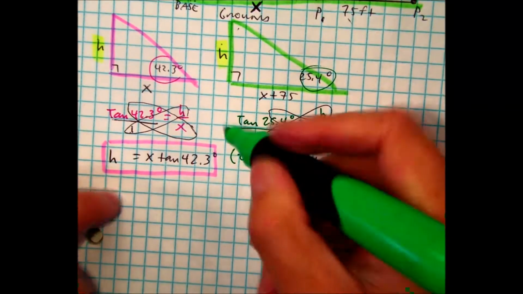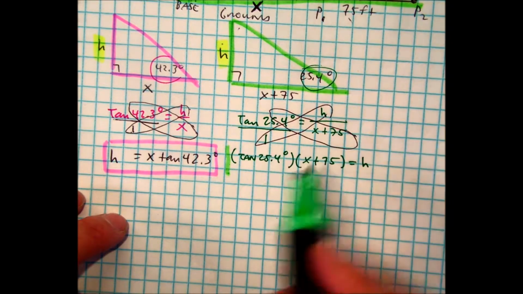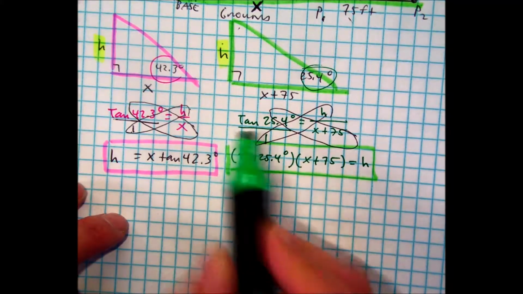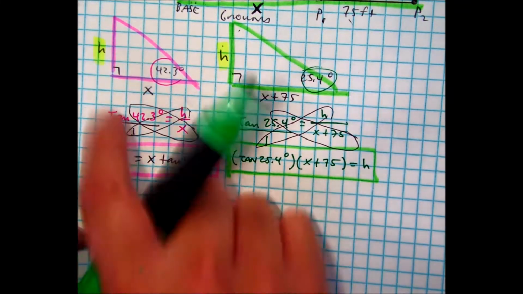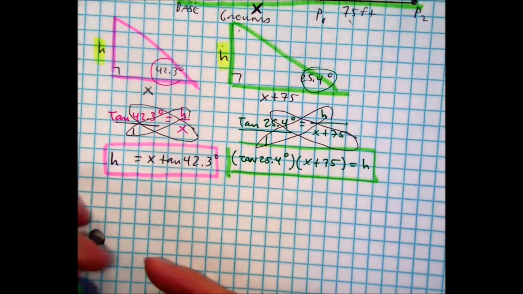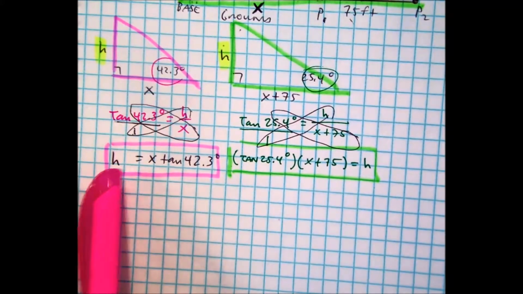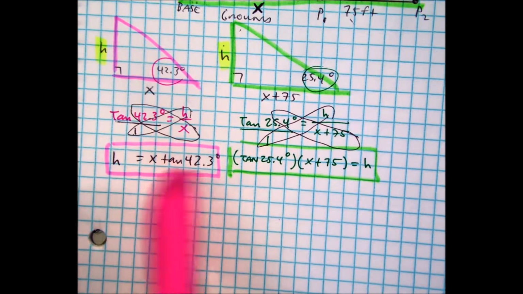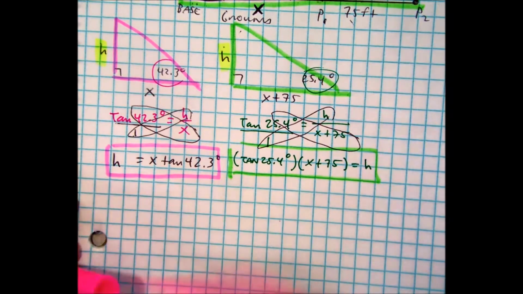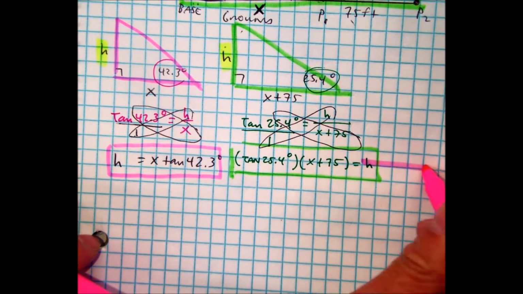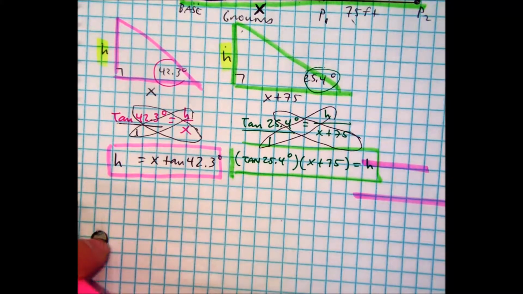Now I have two equations set equal to h. If you think about it, notice how I have two variables, and to solve two variables you're going to have to use systems of equations. Every time I see h, I can write x times tangent of 42.3. I see h over here, and every time I see h, what am I going to write, class?